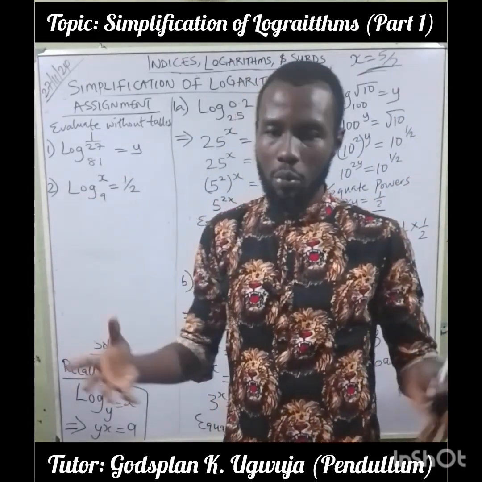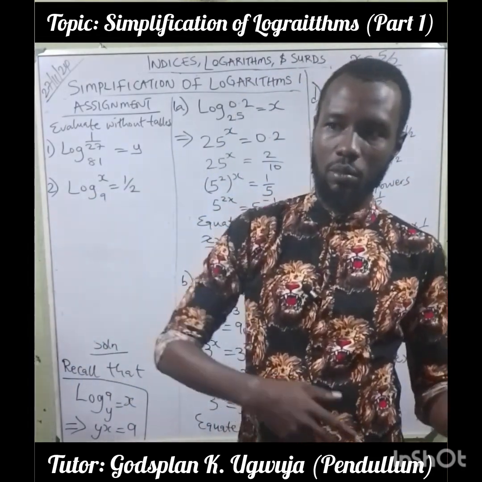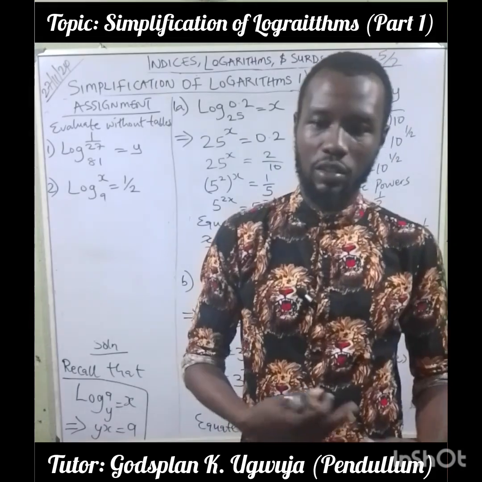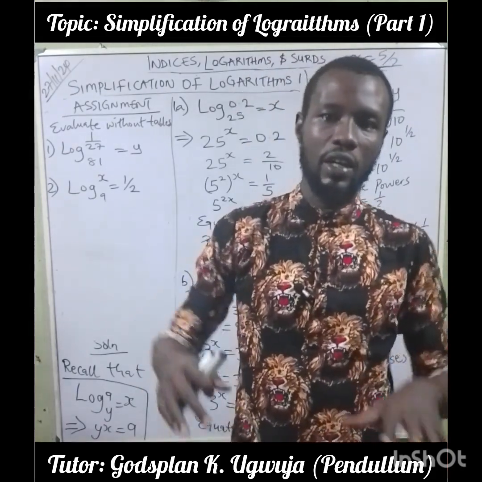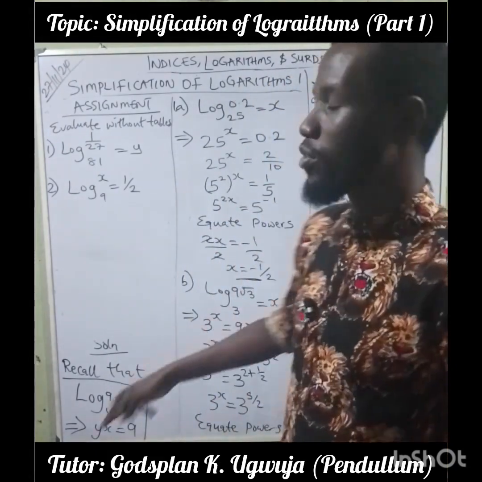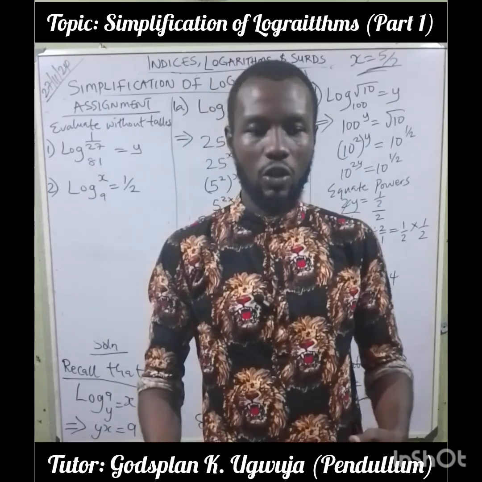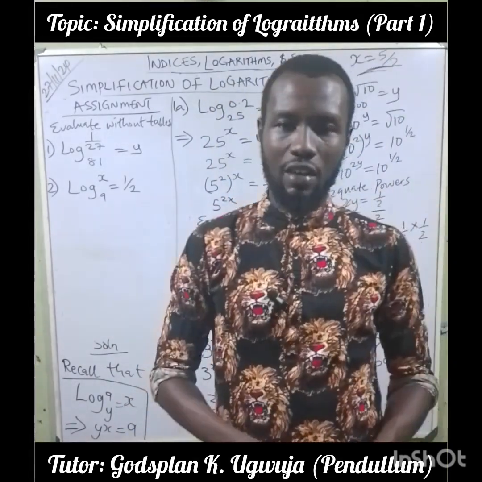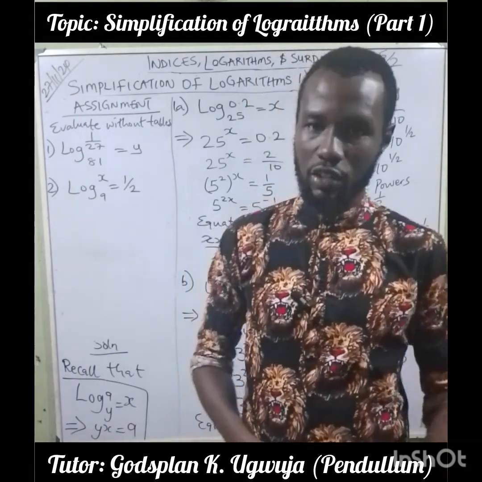We'll have a combination of logarithms. So one logarithm being added to another one, or one logarithm multiplying another one, or one logarithm dividing another one. Alright, so in that case, you will now have to apply the laws of logarithms. So keep an eye out for that video. It will be up on the channel very soon.